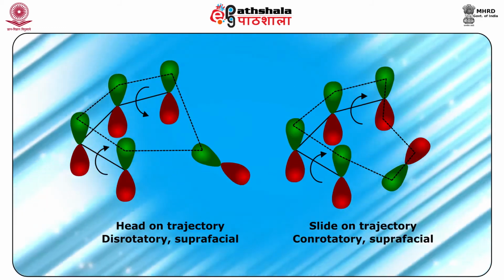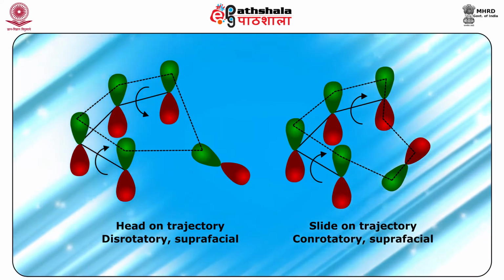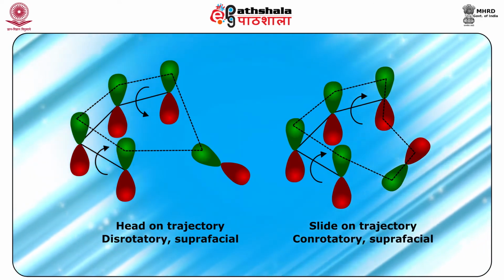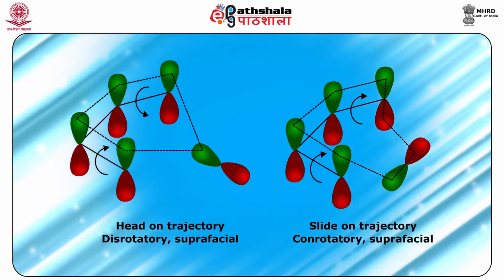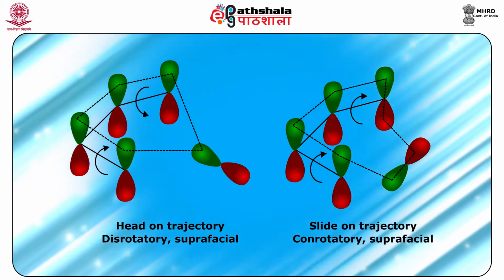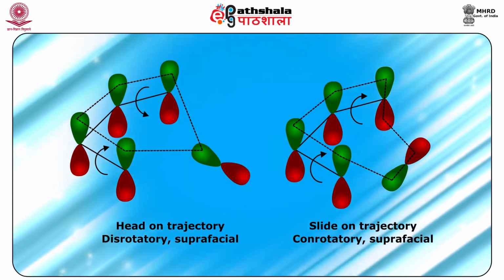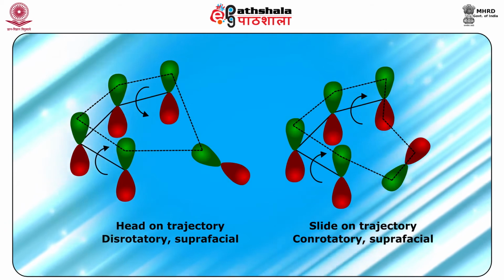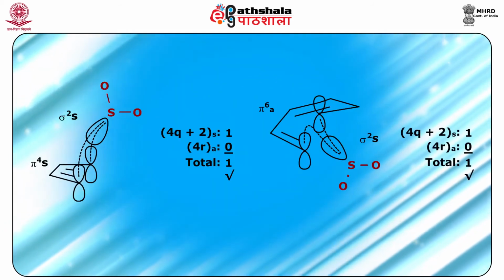Let us now look at the application of Woodward-Hoffmann rules to cheletropic extrusion and addition of SO2, which can take place via a suprafacial disrotatory electrocyclization or an antarafacial conrotatory electrocyclization, depending on the trajectory of SO2.